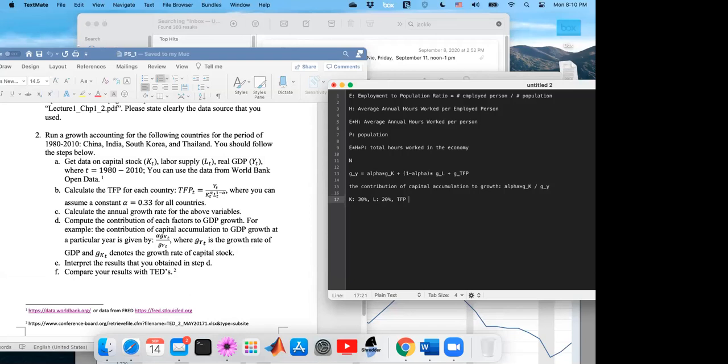What would be the TFP, the contribution of TFP to GDP growth? Just look at this equation. They must add up to equal 1, right? So this must be 50%.